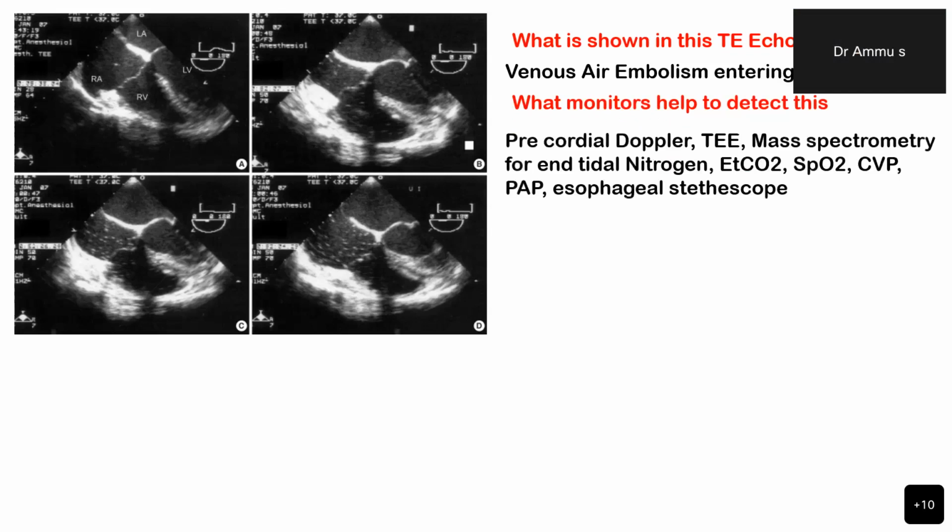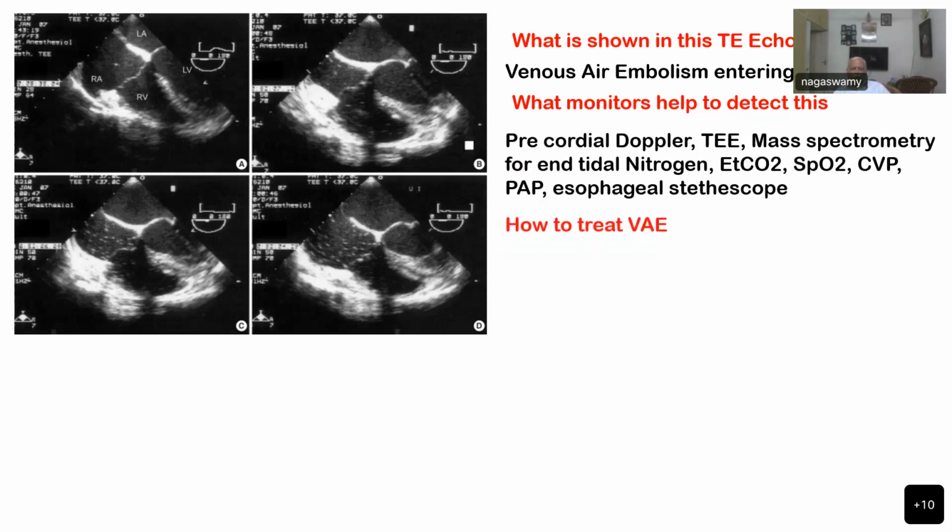Precordial Doppler, transesophageal echocardiography, mass spectrometry for end-tidal nitrogen, PtCO2, SpO2, CVP, PAP, esophageal stethoscope. All this can detect because you will get a sudden drop in EtCO2, sudden drop in SpO2, increase in CVP, pulmonary arterial pressure will collapse or drop, and with the esophageal stethoscope you can hear that murmur, the churning murmur of the air embolism.